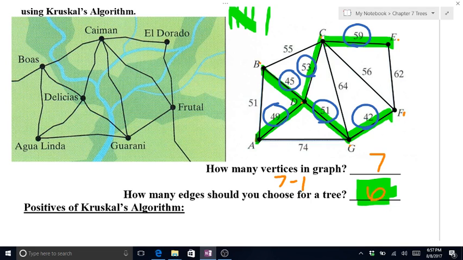Grab your calculator. 49, 45, 53, 51, 42, 59. It's going to give us a total of 199.